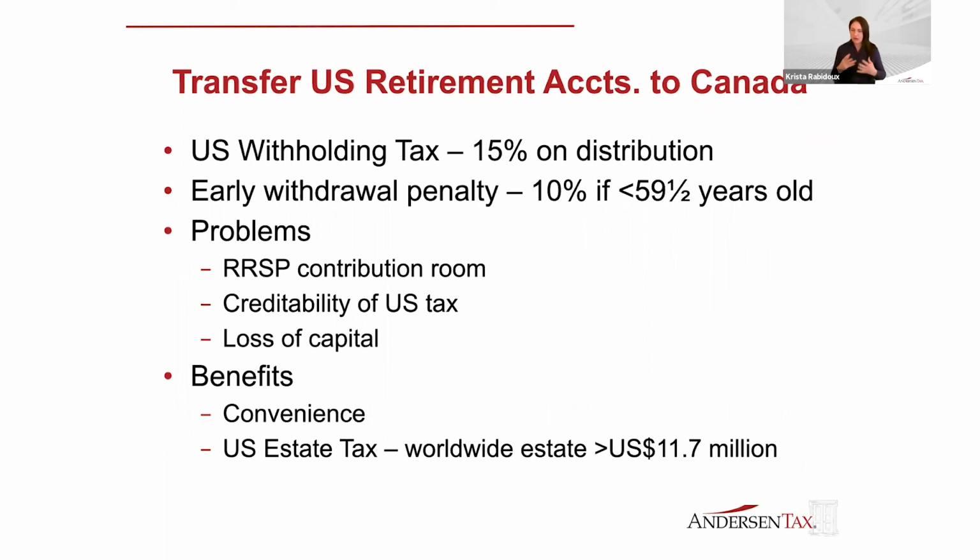Now, oftentimes we hear people asking to roll them over into their RRSP, which with the correct steps is a possibility under the income tax to do, even if you don't have RRSP contribution room. But there can be inherent problems in doing that because you're going to have had the U.S. tax paid and withheld on the distribution.